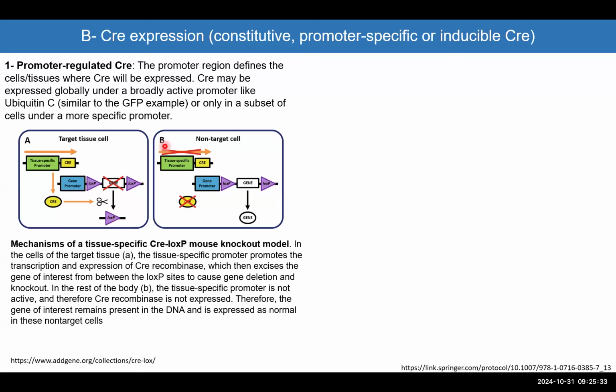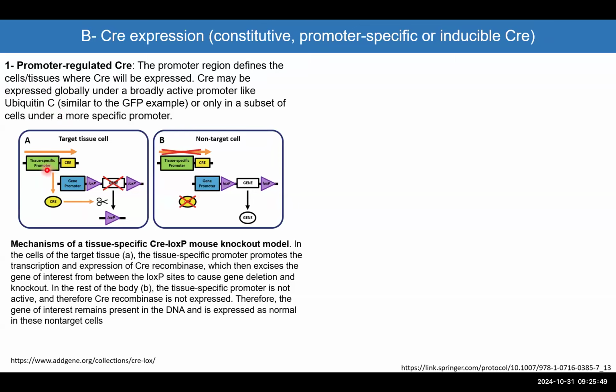Now, if you are using a promoter that is not tissue-specific, it would be this condition here, like ubiquitin. It will be expressed everywhere. What happens in the non-target cells?